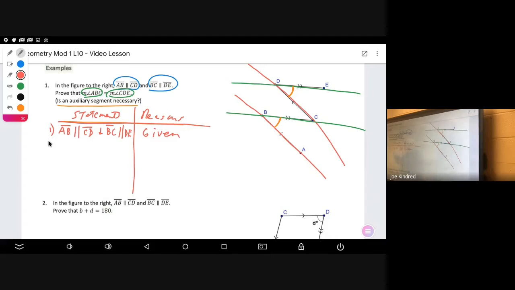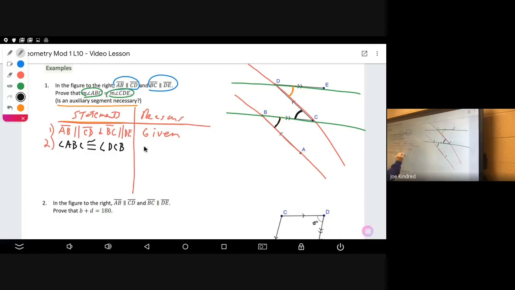The next thing I'm going to put is something that I know. Well, I know that I'm trying to prove these two angles are equal, but I also know that I know these two are equal. I know angle ABC is congruent to angle DCB.